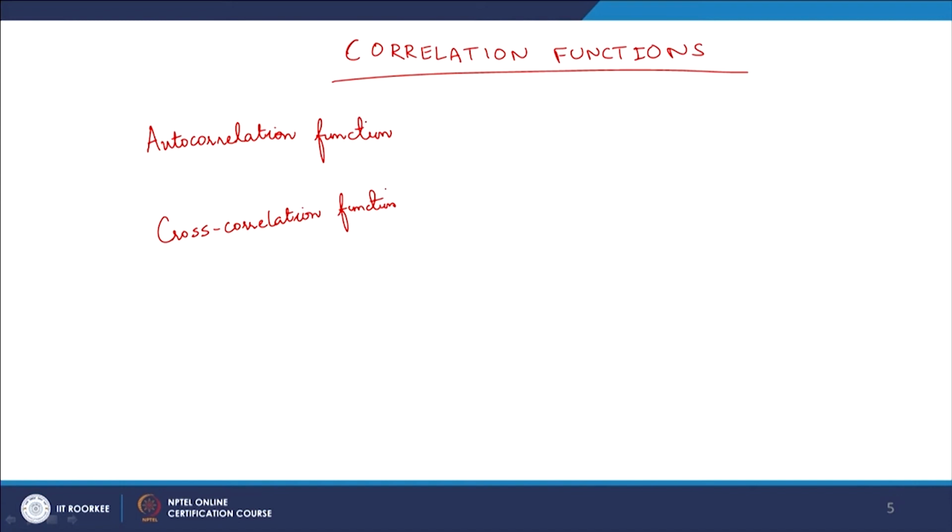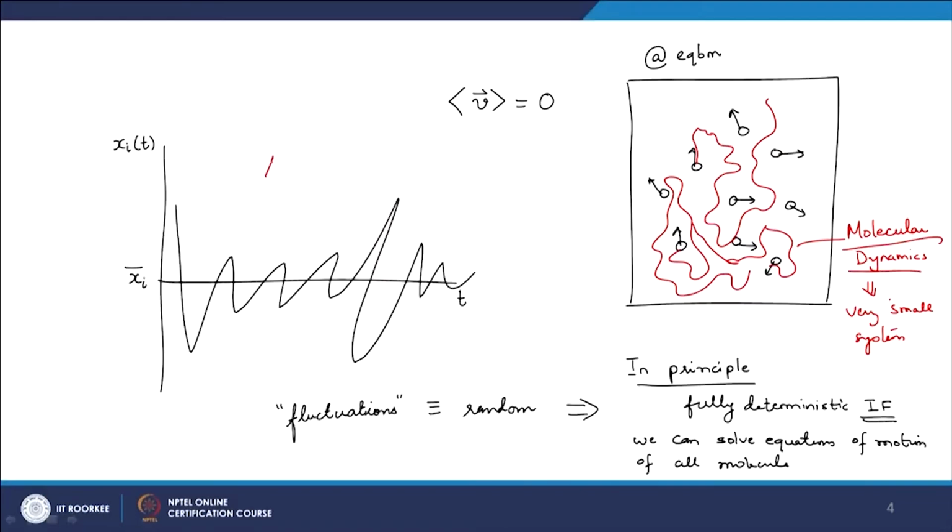And for both of these, it is preferable that instead of looking at the actual value of the property, we look at some sort of deviation from the mean value. Let us say the mean value we have already computed, or we know from experiment. We take the deviation from the mean value, and this characterizes the amount of fluctuation at a given time.